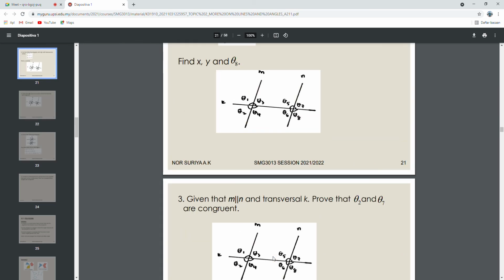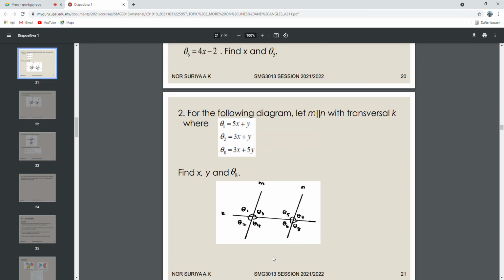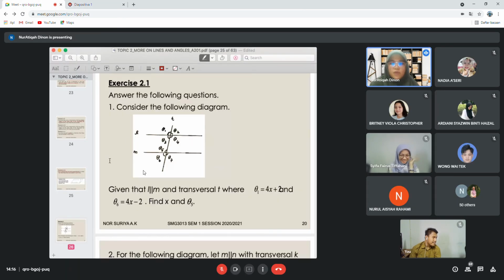So whenever you get this kind of equation question, check what is given. Theta 1 over here and theta 6 over here. What is the relationship between theta 1 and theta 6? I've already given a hint for the answer. Can anyone give me the relationship of angle theta 1 and angle theta 6?